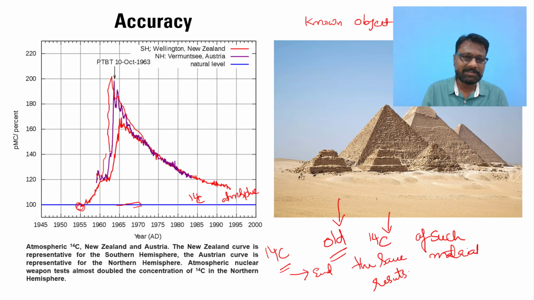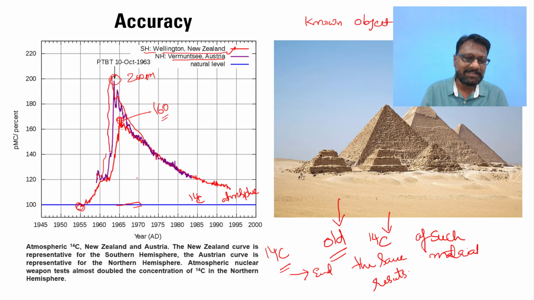In the southern hemisphere, in Wellington, New Zealand, it has risen to about 160 parts per million, and similarly in the northern hemisphere it reaches 200 ppm in Austria.